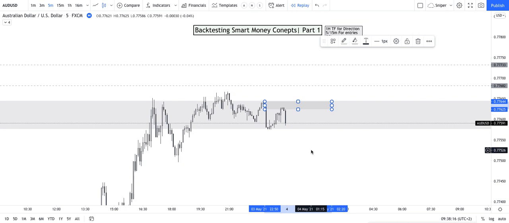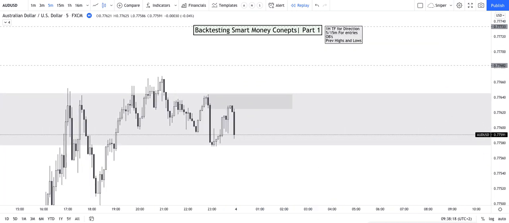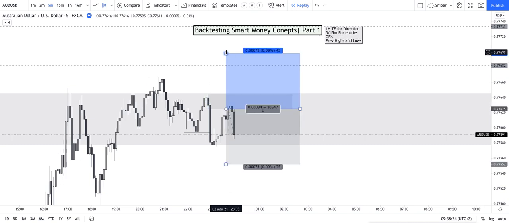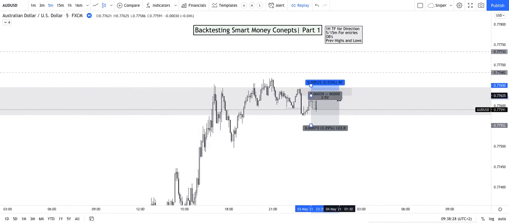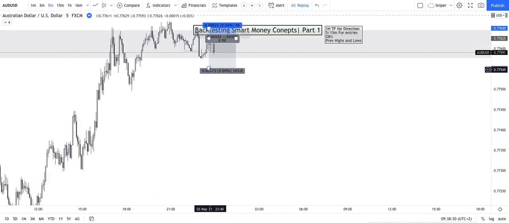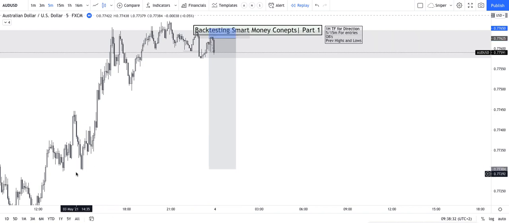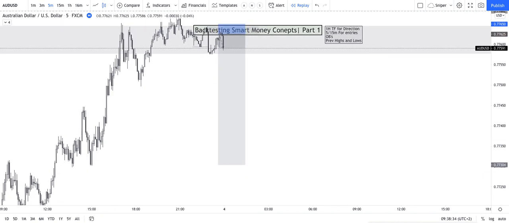There's an order block, and we have a structure break there as well. Let's say we took this entry, stop loss just above. We'll focus on the take profit in a bit, but I would say the lows on the 5-minute would be our take profit in this case.